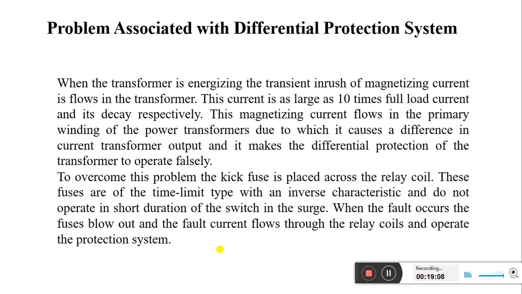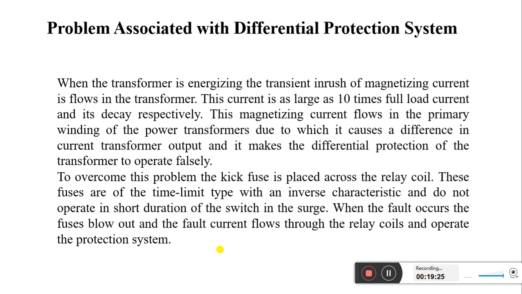So these are the limitations of the differential protection scheme when applied to transformers, and there are many other limitations also, which will be discussed in the next class.